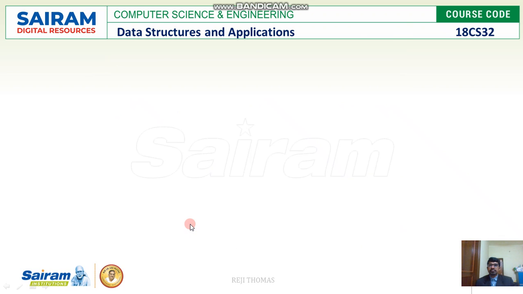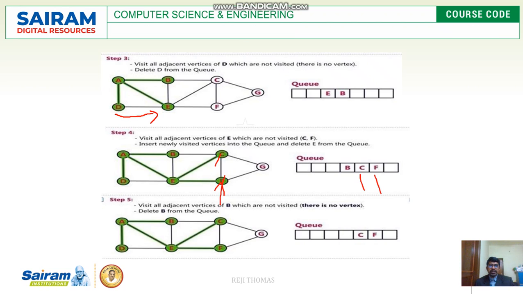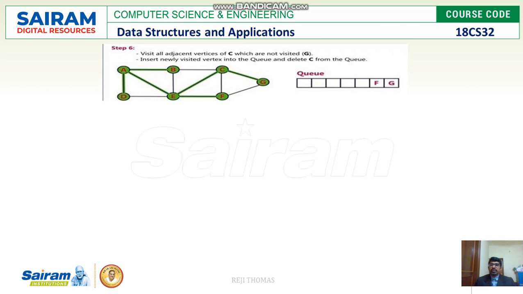Next, which node is at the front of the queue? C. Visit all the nodes adjacent to C, and adjacent to C we have F and G. So I'll insert F and G into the queue and delete C from the queue.